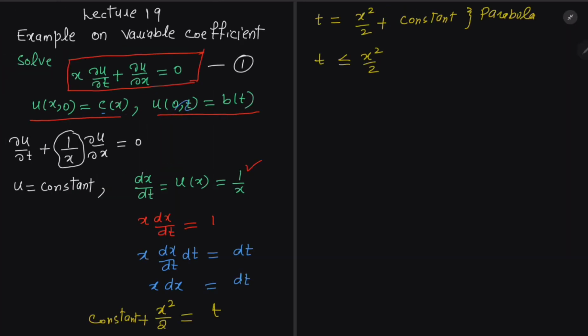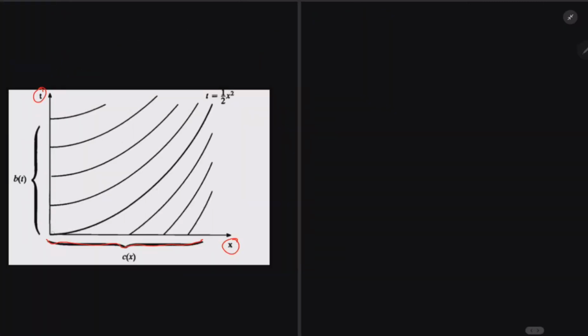Similarly, for the boundary condition, x is equal to 0, we have b of t. So all the boundary condition solution is over here. And these are all the characteristics. I draw this particular characteristic over here again. This is a characteristic, and these are other characteristics. There are many characteristics over here, like parabolas. And there are two situations.